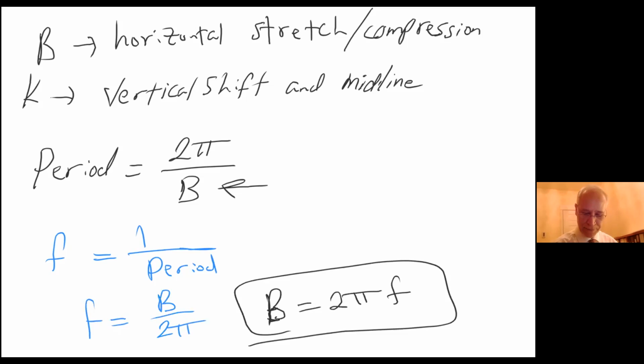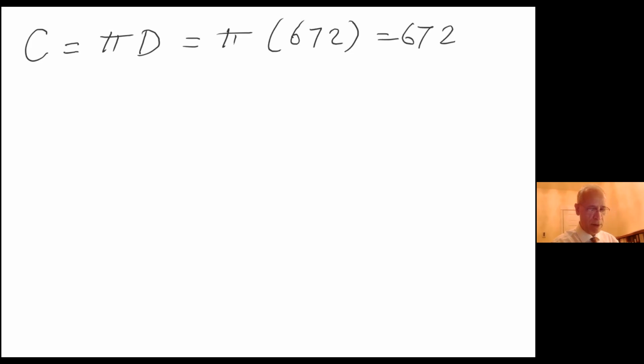So far, so good. And here, remembering that the wheel and the reflector have the same frequency, I'm going to use information that was given to me for the wheel. I know that the circumference of the wheel equals pi times diameter equals pi times 672. So 672 pi is the circumference.